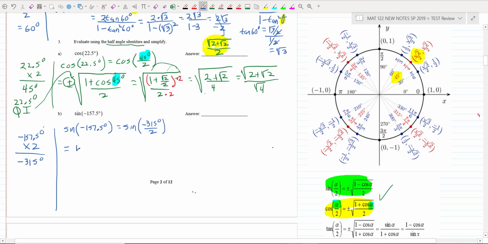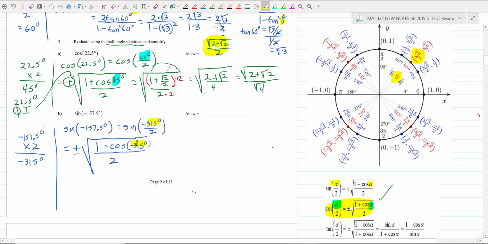We have plus minus square root of 1 minus cosine of negative 315, and then all over 2. Okay, so that's how that goes. And again, I want to emphasize how the angles go in here. The idea is this angle, alpha in this formula, is the 315.